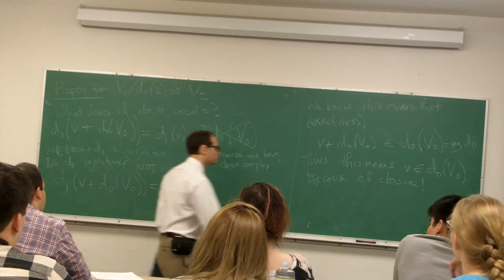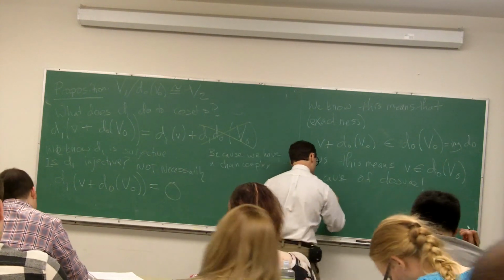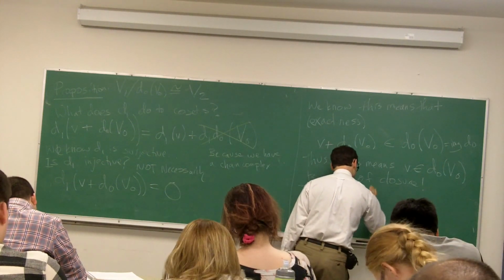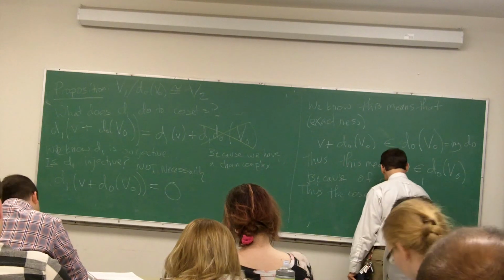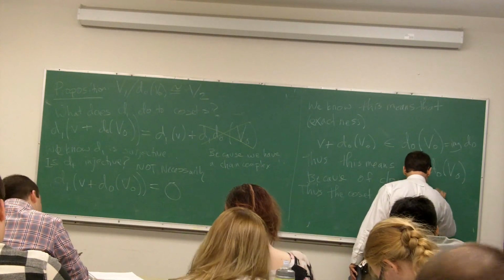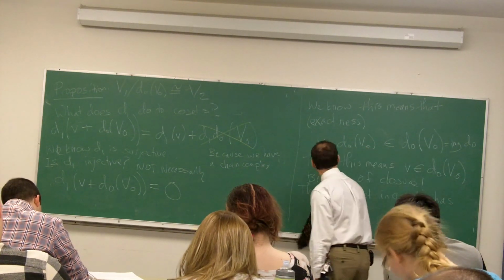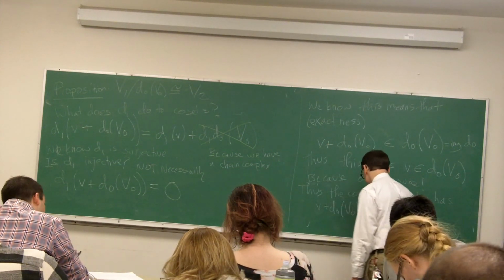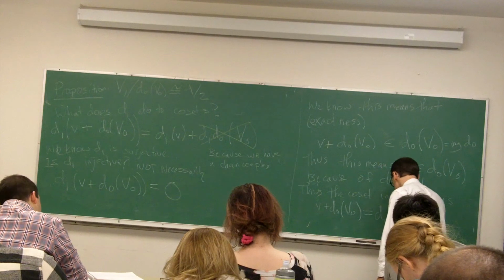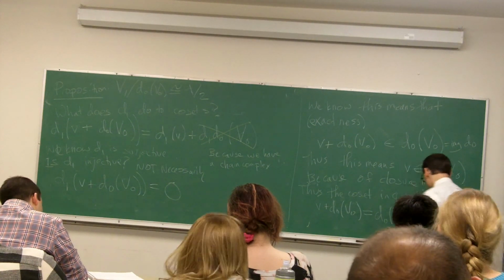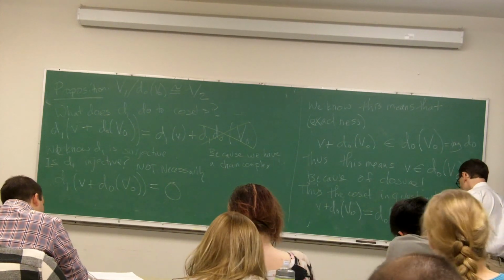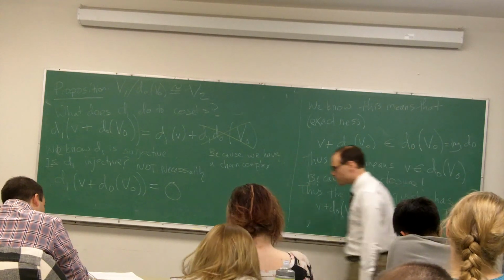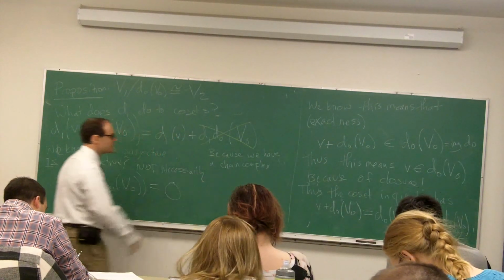And therefore the coset in question has V plus D0 of V0, which is in fact D0 plus V0, which is 0. It's the coset with 0.